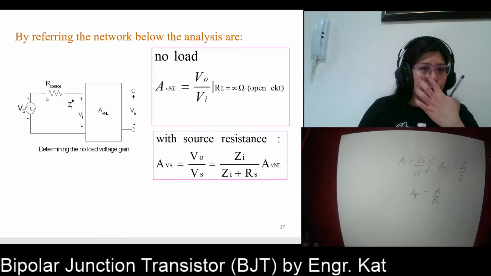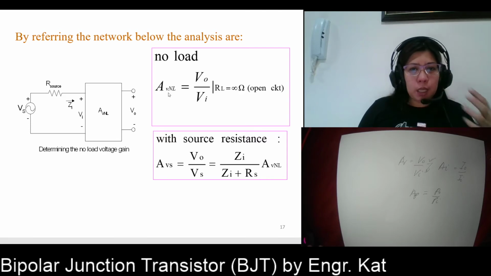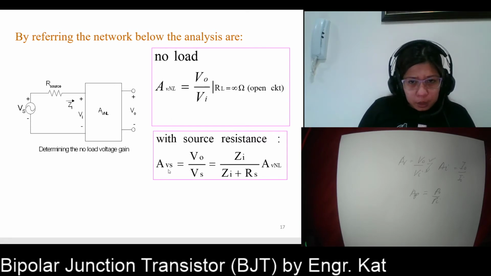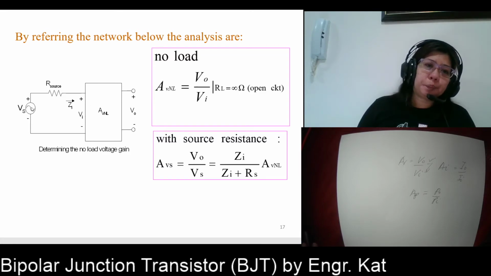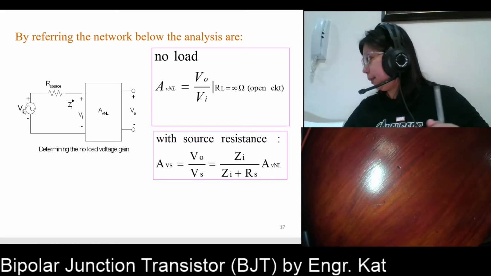If we have a source resistance here, we will not call this AVNL anymore. We will call this AVS. Why? Because we are comparing the increase in VO with respect not to VI, but with respect to VS. So how do we solve for that?